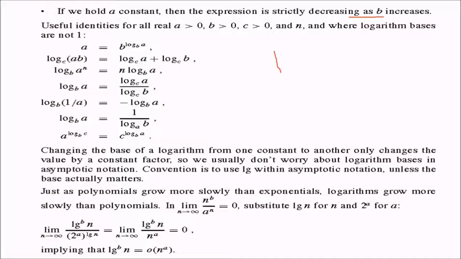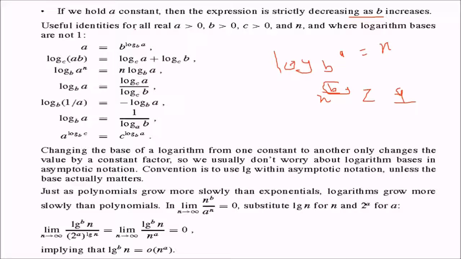Because, let me tell you, log base b of a, if I say it is x, then b to the power x is a. So this holds: if a is constant, then the expression is strictly decreasing as b increases. And in a similar fashion, if we hold b as constant, then it increases with a.